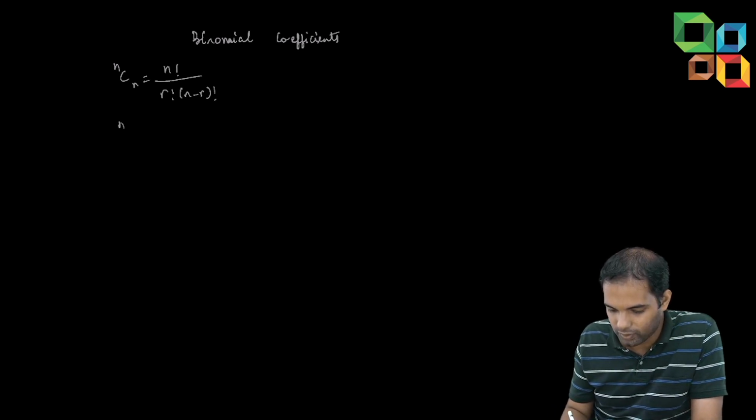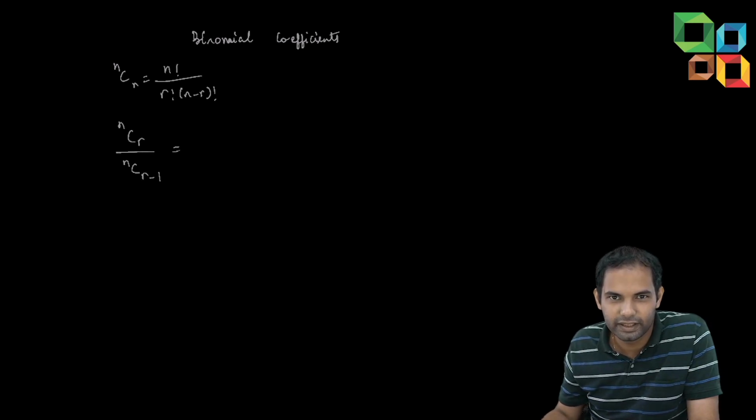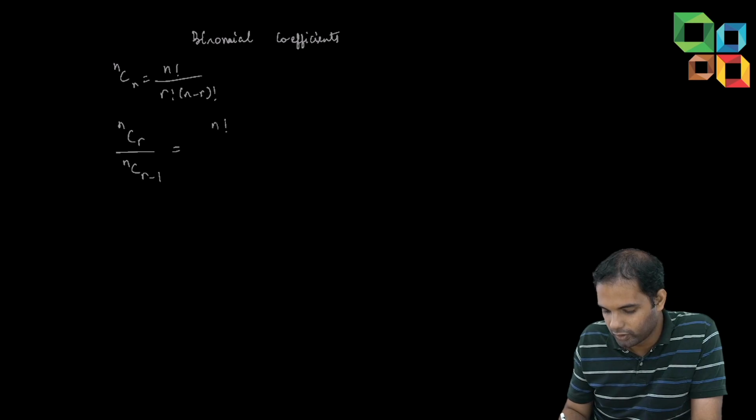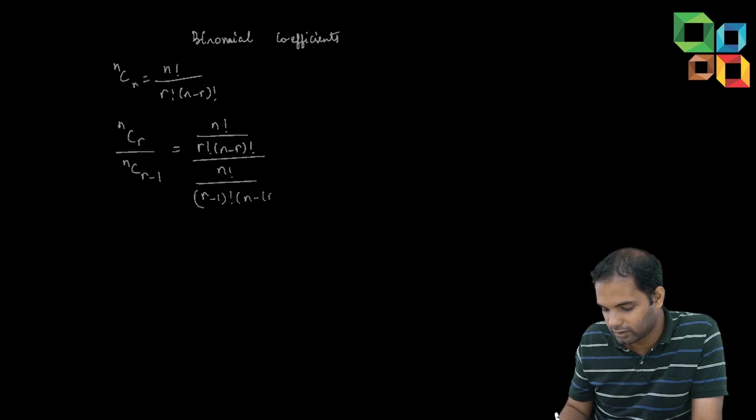Now I'm interested in what is NCR by NCR minus 1. This also we have seen in a couple of problems. So it's n factorial by r factorial into n minus r factorial, divided by n factorial by r minus 1 factorial into n minus r plus 1 factorial by definition.